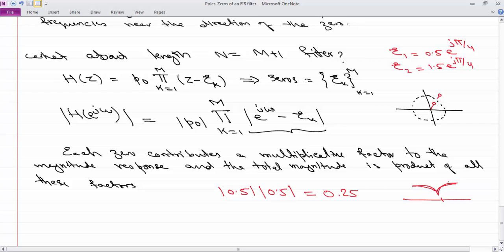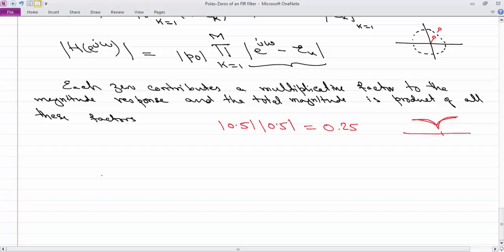And similarly, if you have many zeros, then the cumulative effect of them is what you're looking at. So let's do a concrete example to get a better sense of this. So the example is a moving average filter, which we have seen before.